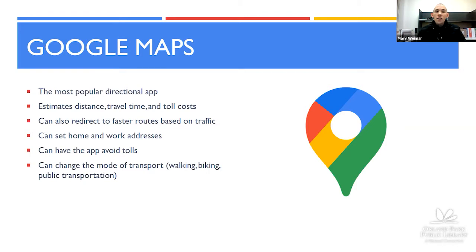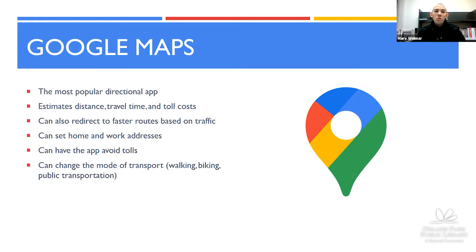You can also redirect to faster routes based on traffic, which I touched upon a bit ago, where instead of just giving you one option, it'll give you, say, 3 or 4 different options depending on how many routes there are. So you can pick and choose what way will be faster. It'll give you the different destination time, how far it is, and everything laid out, so you can pick and choose what route you want to take.